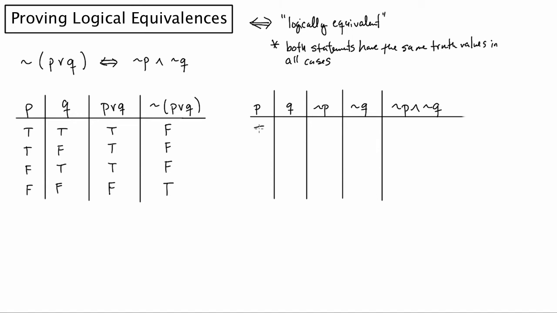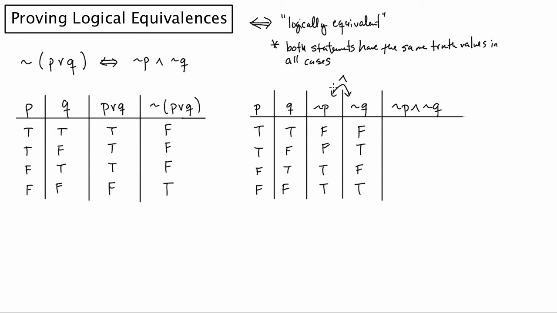All right, so both are true, true, false, false, true, both are false. And then let's negate P, so we're negating the first column. So false, false, true, true. And then not Q, we're negating the second column. And then not P and not Q, we're going to do an AND statement between these two columns.